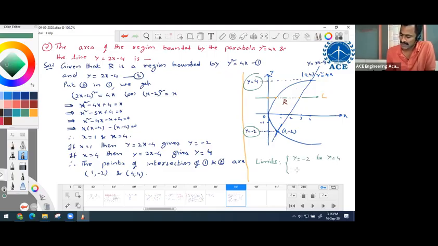Next, the x limits. The entering curve gives the lower limit of x, and the leaving curve gives the upper limit of x. From the equation of the parabola, write x in terms of y: x equal to y square by 4.